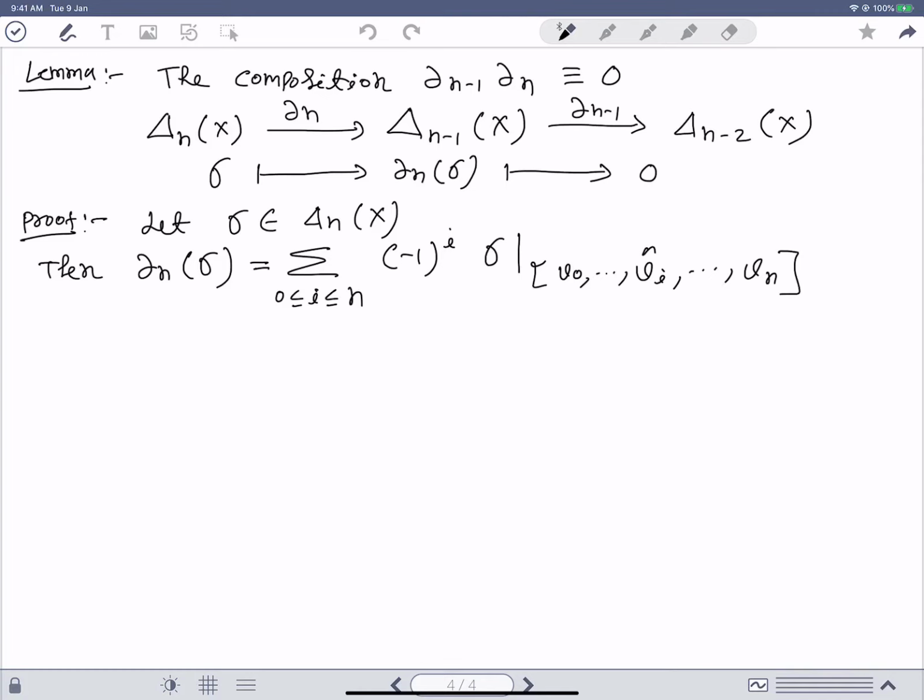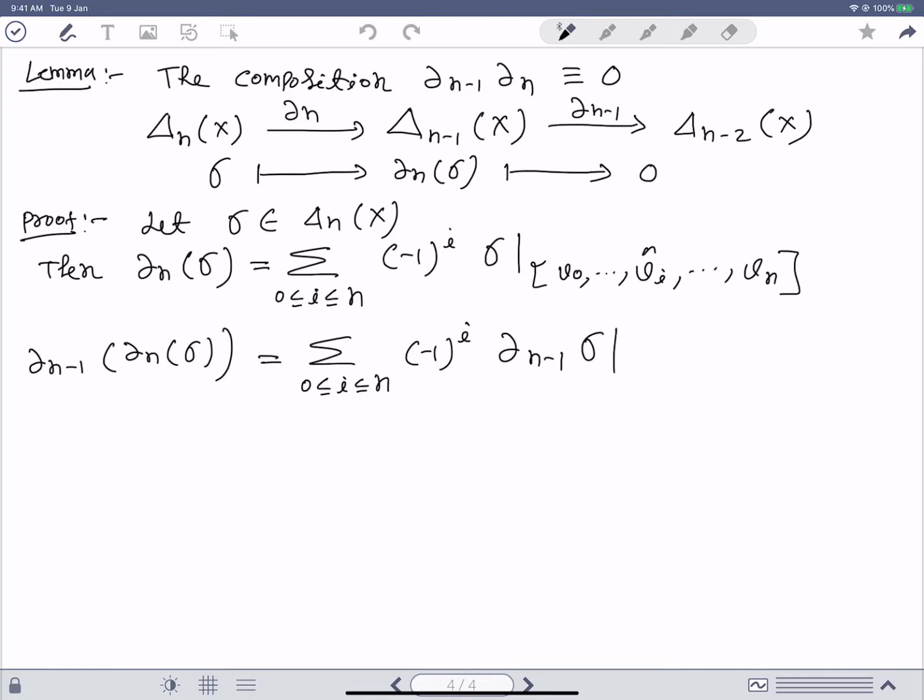Now if you apply delta n minus 1 again to delta n sigma, that will be the summation of minus 1 to the power i, and that will be delta n minus 1 applied to the restriction of sigma.